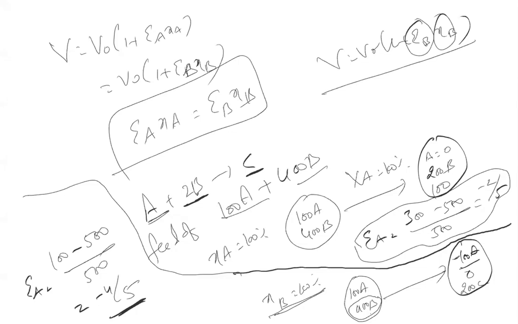But I don't have 200 A, I have only 100 A. That is why I have written it as minus 100 A. Then this 400 B completely converts. When 400 B converts, how many C formed? 200 C formed.